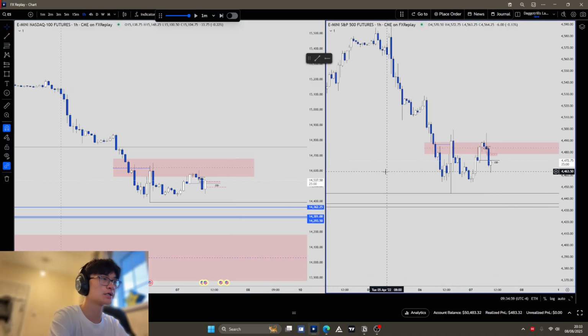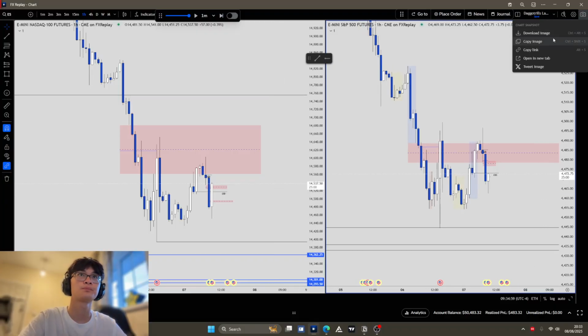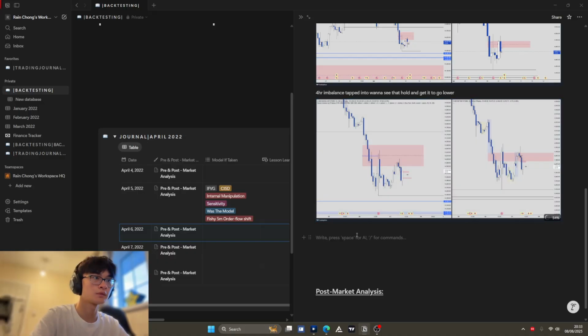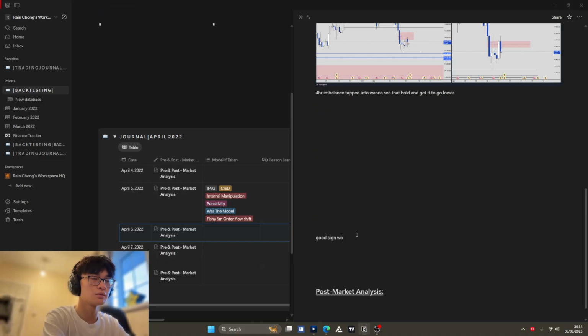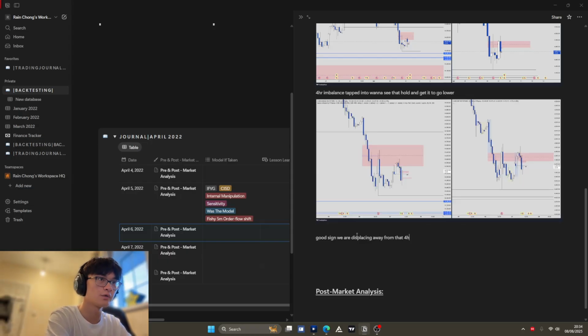Let's go to the hourly here. Good sign. We are displacing away from that 4-hour. However, market open pumped, so we'll see what happens next.